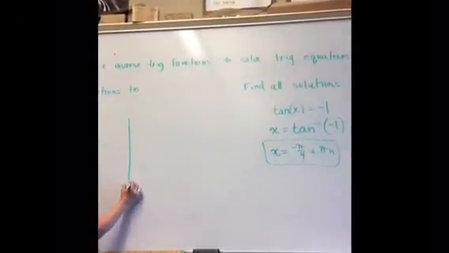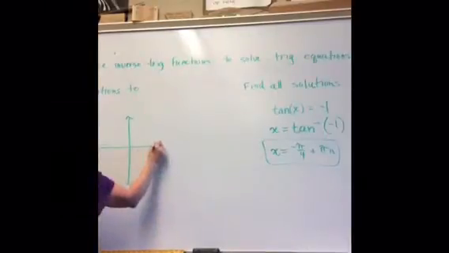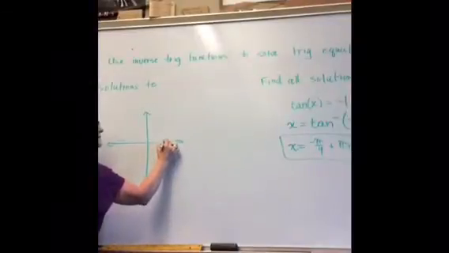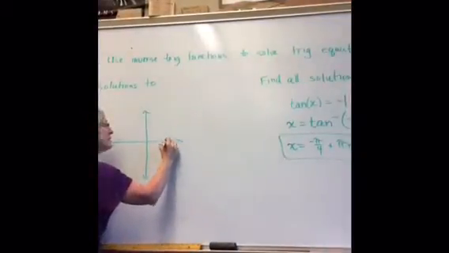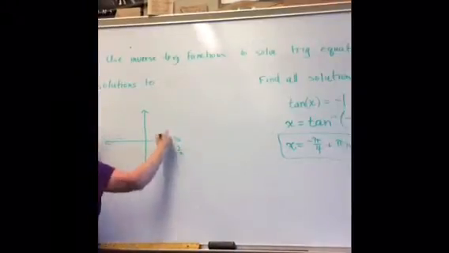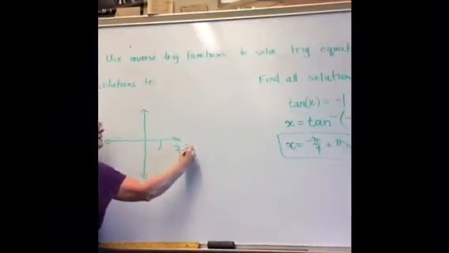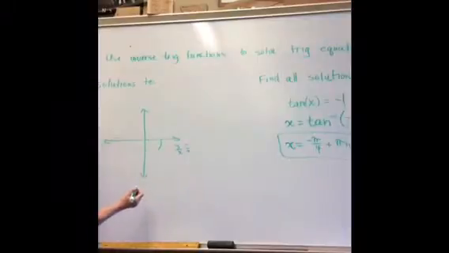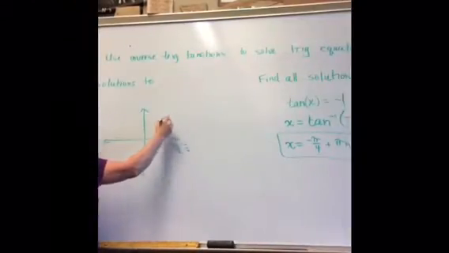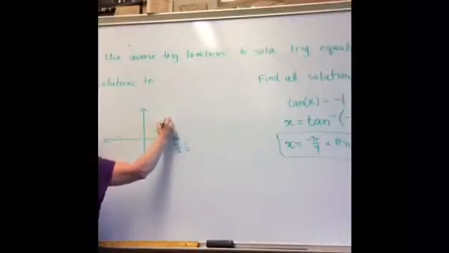At negative pi over 4, it's right here. The tangent is y over x on the unit circle, so you have a negative divided by a positive. But up in this quadrant, you have a positive divided by a positive.